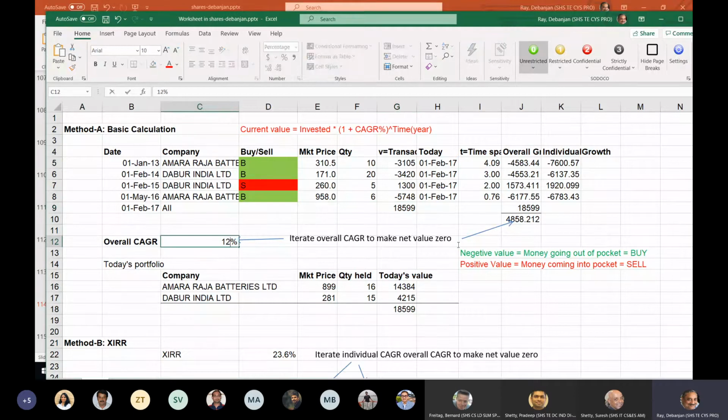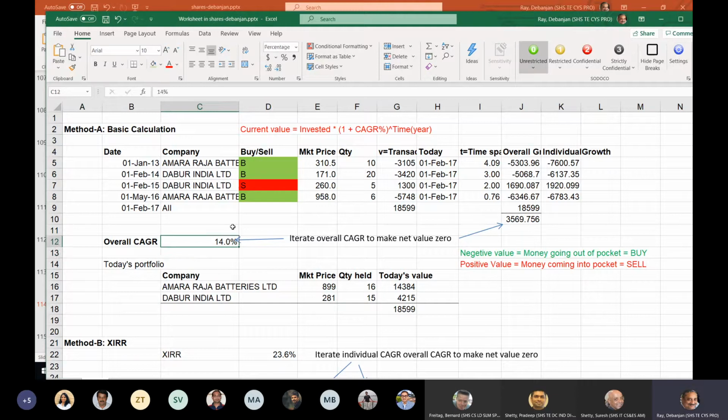Now, how do I adjust this? Let me increase to 12%. Okay, now I can see that this value has changed and has become 4227. So I have to change it more. Let's say 15%. It has further reduced. So I'll change to 20%. It has reduced further. So I now go to, say, 24%.